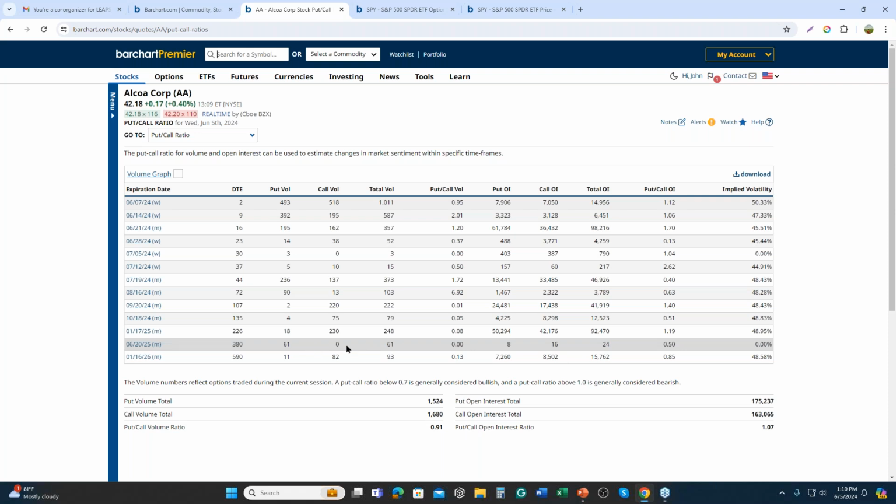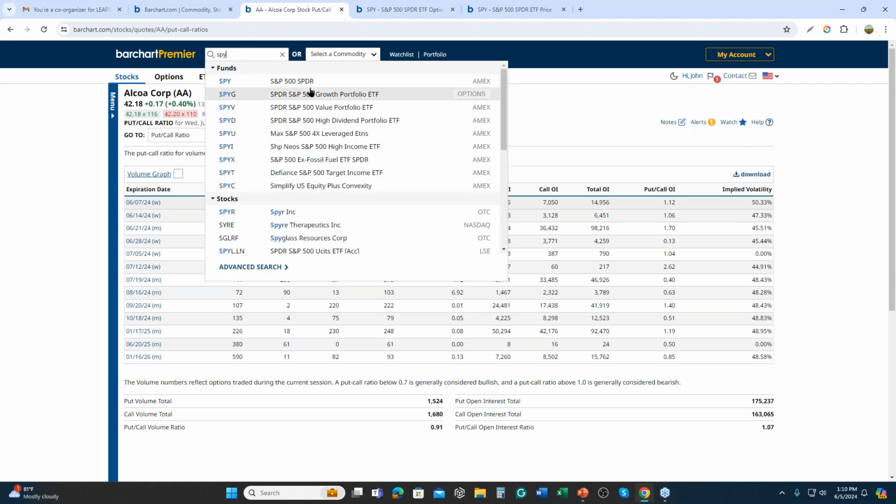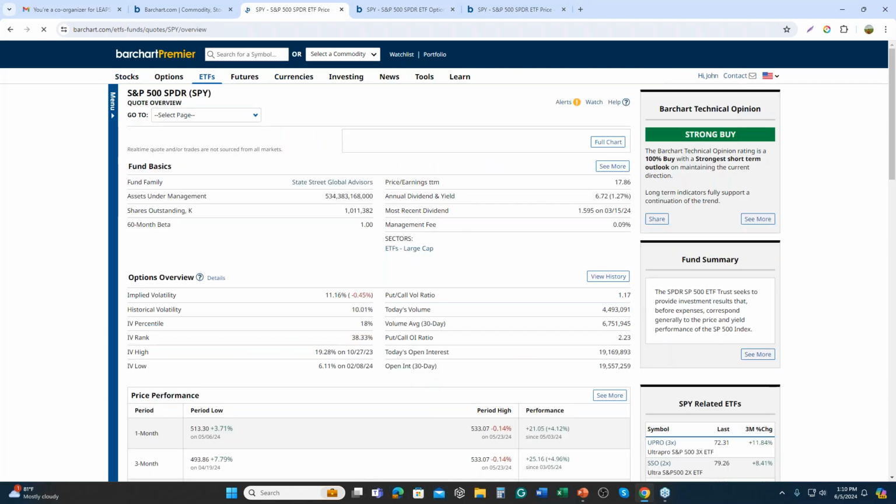So it's not really supported by market makers. Doesn't mean I can't trade these, it just means I'll be aware that my bid-ask spreads will be very wide, whereas this LEAP has a lot more open interest. It tells me market makers are more likely to be involved in that LEAP. So the important fact is, when we start looking at different LEAPs, make sure that you have volume and open interest.